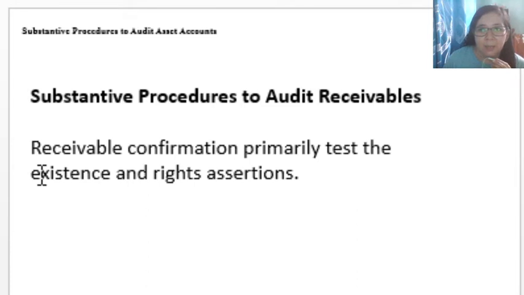Receivable confirmation also primarily tests the existence and rights assertion of the entity. Meaning, the auditor will determine if such amount really exists based on the confirmation by the credit debtors and customers.